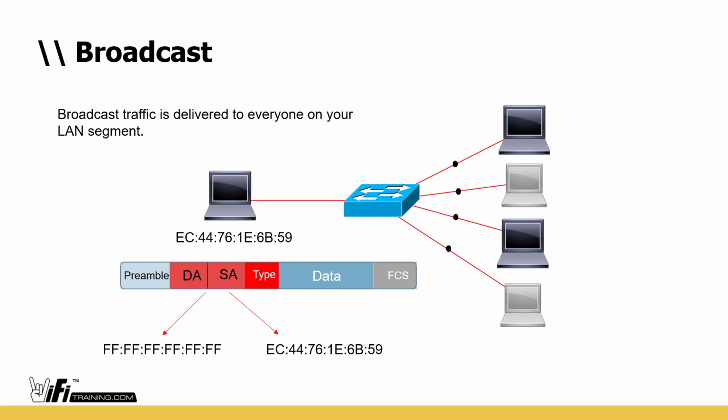I send the one message, which gets replicated to everybody on the LAN. Broadcasts get flooded out all ports except the port in which it arrived. And that's on a switch. If there was a hub there, then every frame would be repeated. That's something interesting I'll just say.